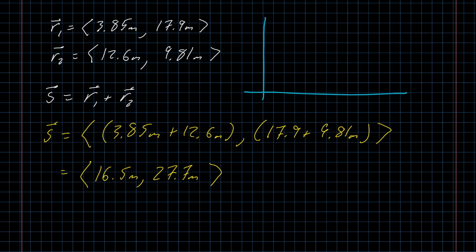Right? 3.85 meters, 17.9 meters, R1 looks something like that. And then we go from the head of R1, continuing onward, we get something that looks like that. So our total vector, if we take the straight line, is just straight through.